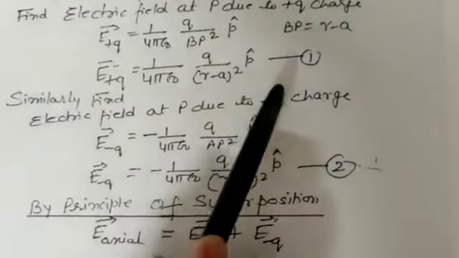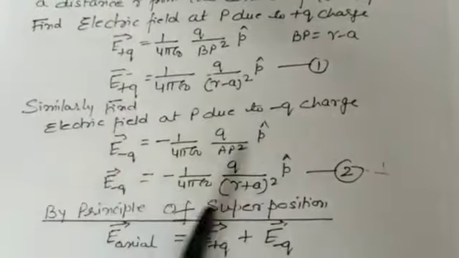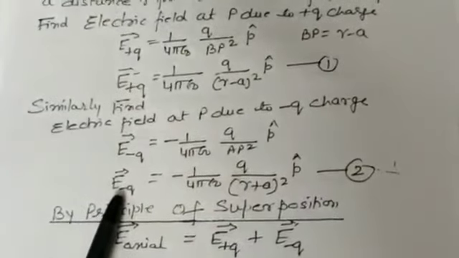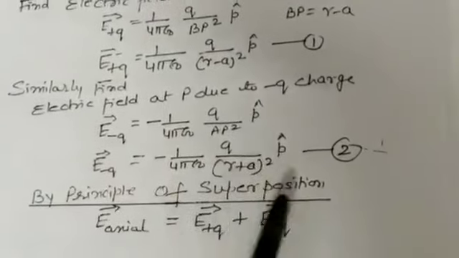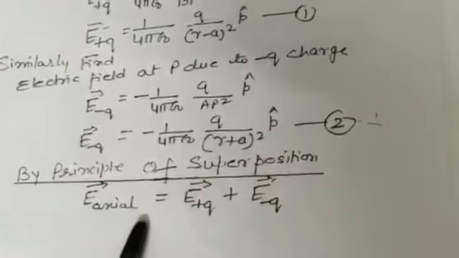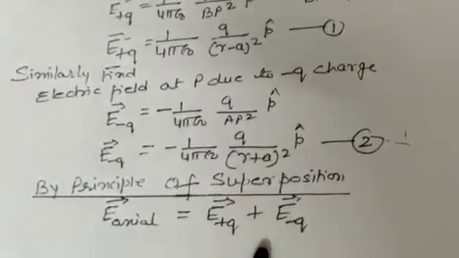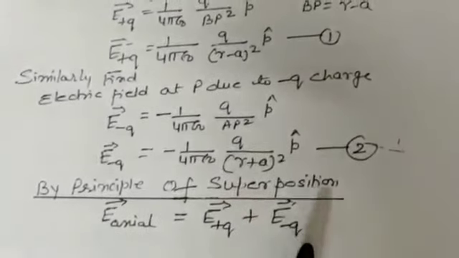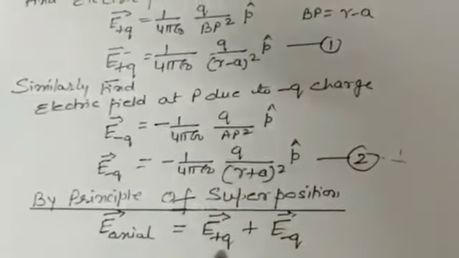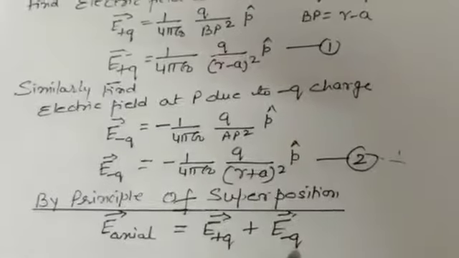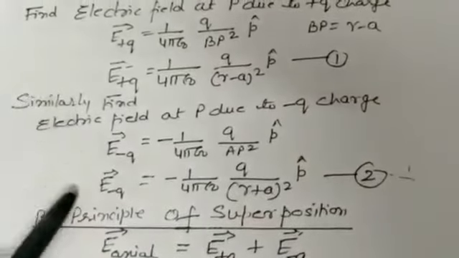Now you have equation 1 for E plus q and equation 2 for E minus q. Now apply the principle of superposition. E axial would be equal to the vector sum of E plus q vector and E minus q vector. Just place the values of E plus q and E minus q from equations 1 and 2.